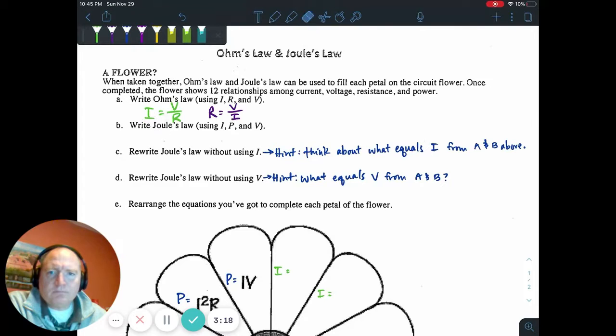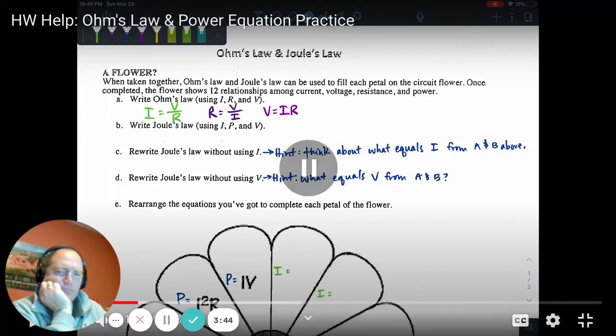And then a third way, let's say that we want to solve for V. Well, if we want to get V by itself, we're going to multiply by R to get R off the bottom, right? And so V is going to equal I times R. Cool. So all three of those equations are just different ways to write Ohm's law, and we're just using algebra.